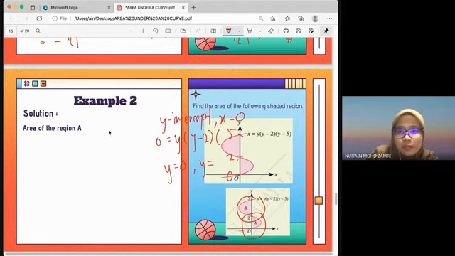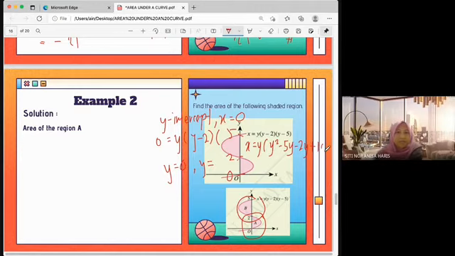But do not forget to expand your function, so it is easier for us to do the integration to find the area under the curve. So we have to expand the brackets first. What we will get is y squared minus 5y minus 2y plus 10.